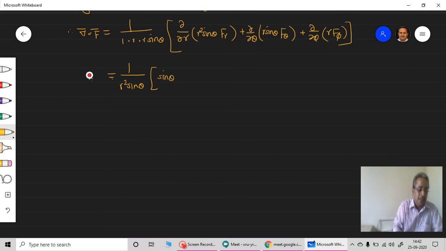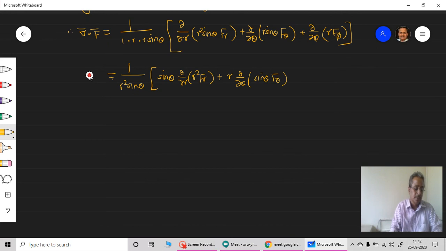Therefore sin theta into ∂/∂r of r square f_r. Next, in the second term r is not a function of theta, so r can be written outside, and therefore it is ∂/∂theta of sin theta f_theta. Similarly in the last case, r is not a function of phi, so it comes out, and it is ∂f_phi/∂phi. This is my third term.